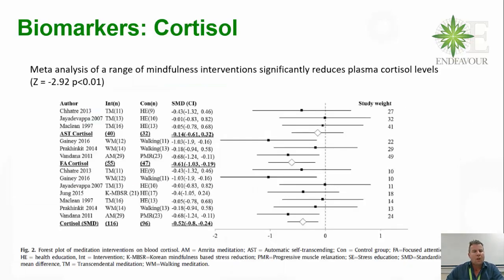Now, next we've got a systematic review that looked at cortisol levels and their effectiveness at ascertaining whether particular wellness interventions were effective at reducing stress. And I guess this is probably the most important aspect of biomarkers, in that they enable us to measure the effectiveness of an intervention.